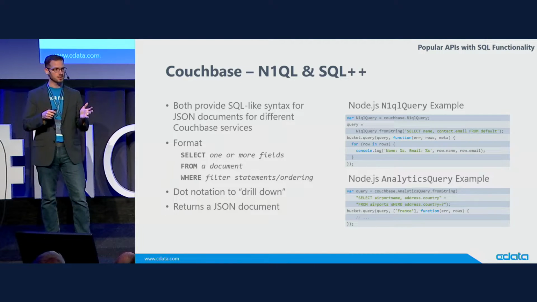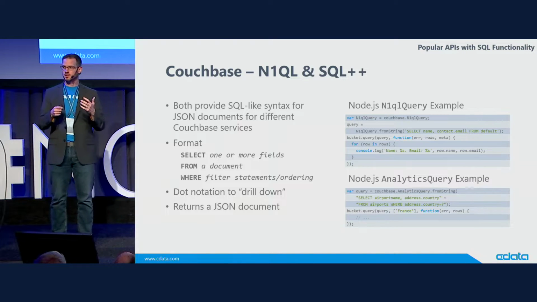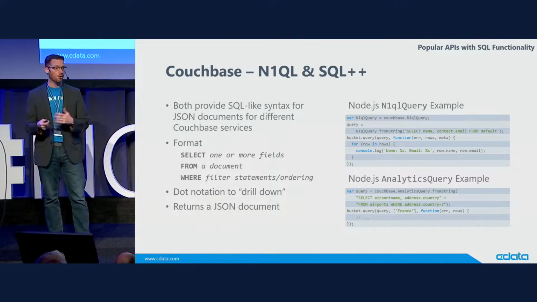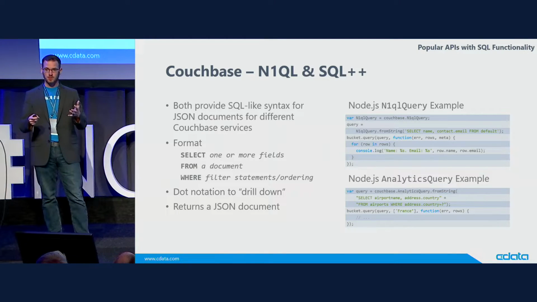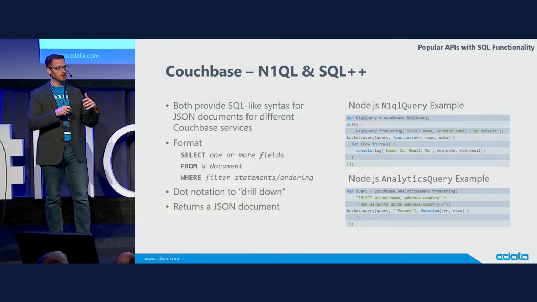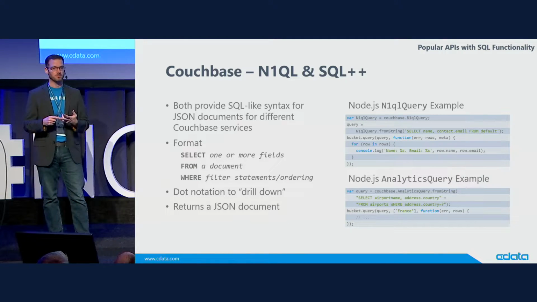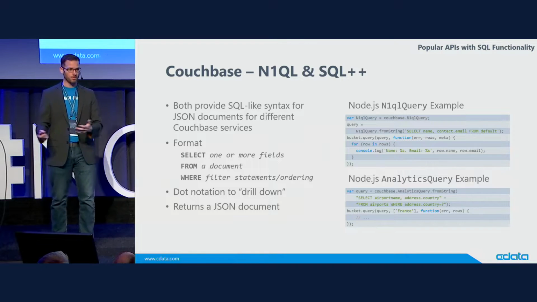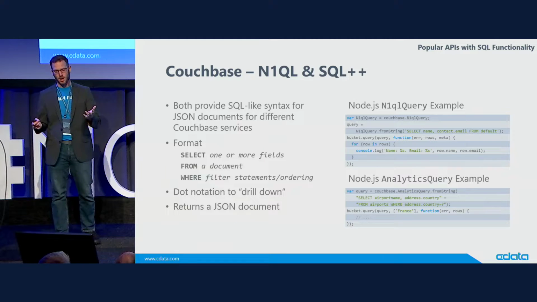So it gives me a way to easily drill down into my JSON documents to get the information that I need, and only the information that I need. As that response is returned, I'm not going to be given the full JSON document. I will only be given the name field and the email field. So it's less data to go over the wire, and less data for you to have to process as you integrate with this API.